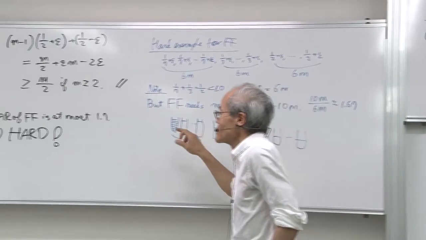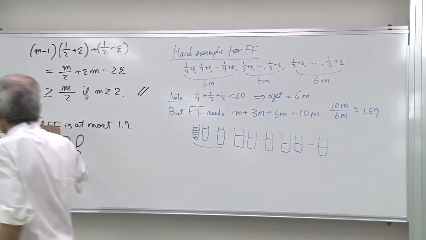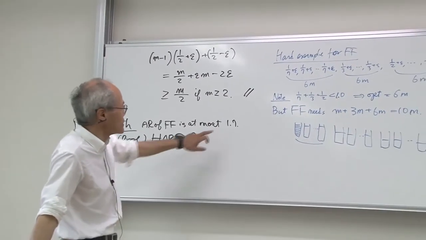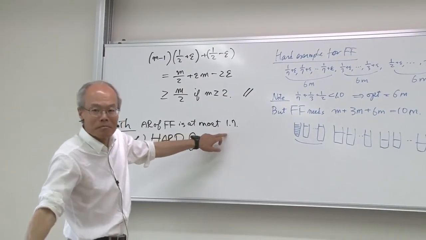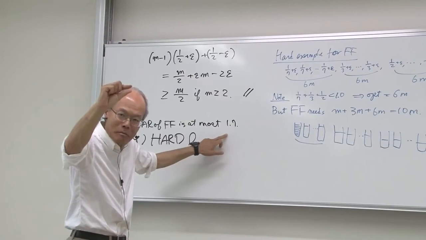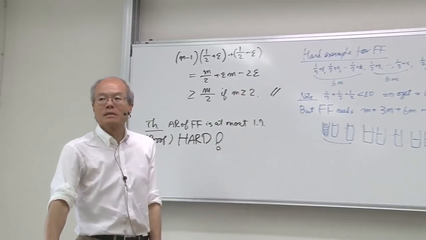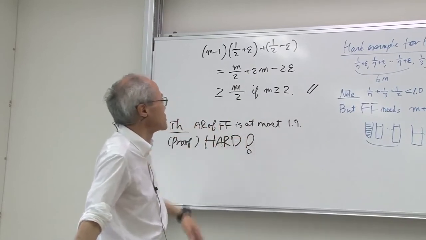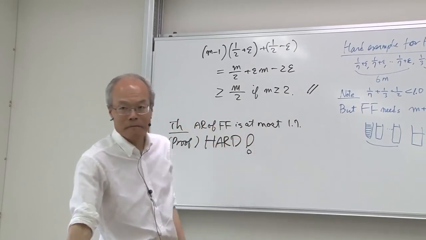And the upper bound of the approximation ratio, I think the current best value is a little bit less than 1.7. But still, there is a small gap between the upper bound and the lower bound of the approximation of first fit.